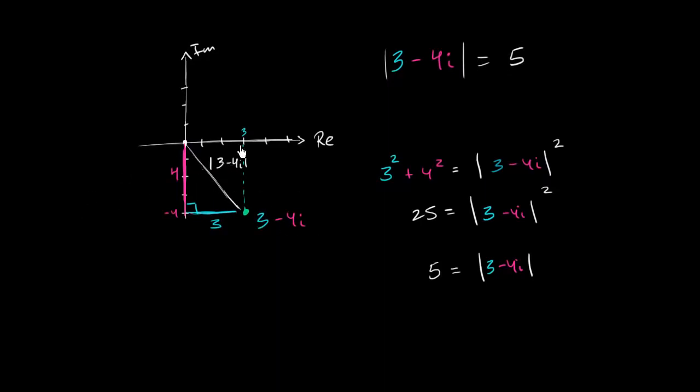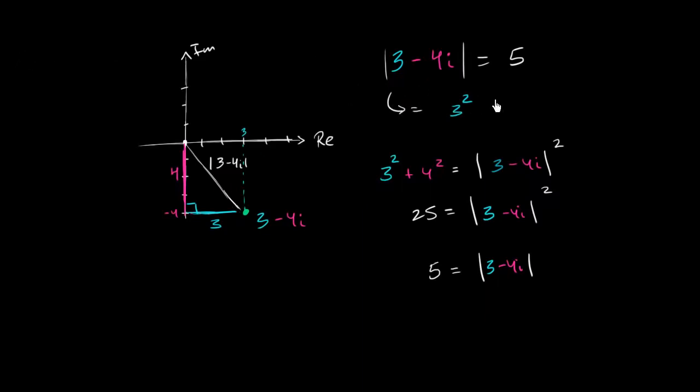Now, without having to draw it, one way you could think about this is I have my real part, I have my imaginary part. I can literally take each of those parts, square them, take the sum, and take the square root. So another way of doing it, if you didn't want to visualize all of this, but this is really what we're doing, you could say this is just going to be equal to the square root of the real part squared plus the imaginary part squared.